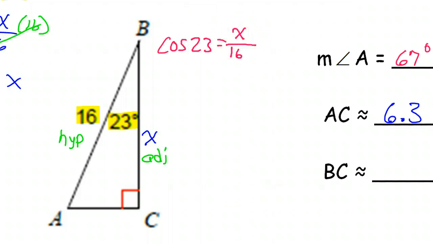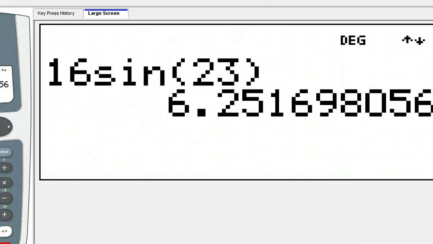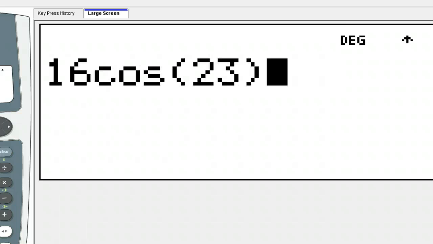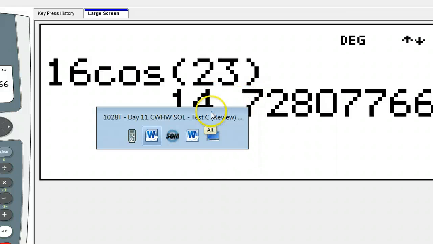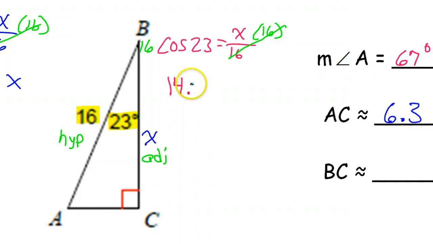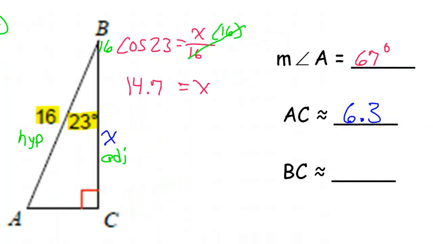Once again, when the variable is in the numerator, you should just multiply by the denominator on both sides, because these will cancel out. So that's just going to give you 16 cosine 23, which is 14.7. So that's BC that we just found.